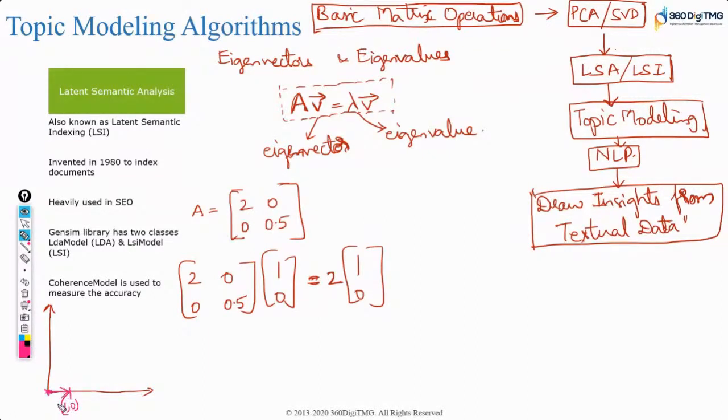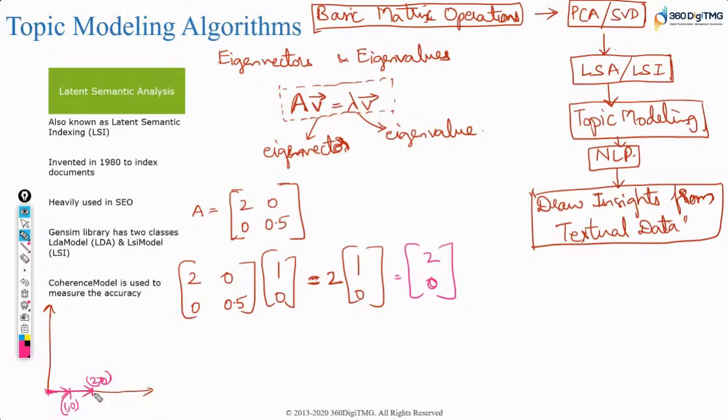This is your vector. If I multiply this with 2, you'll get 2 and 0, right? 2, 0 means 2 would be here, and 0 is the same thing. So you have a vector 1, 0, and you have another vector 2, 0.